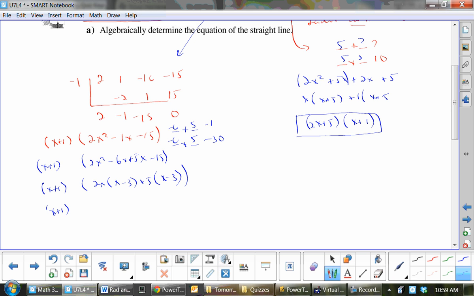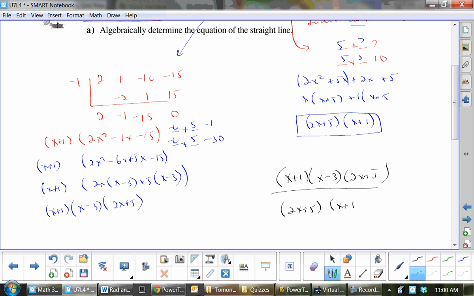Finally, I am done with x plus 1 times x minus 3 times 2x plus 5. Okay, so x plus 1 times x minus 3 times 2x plus 5. Remember, that was the numerator, and the denominator, 2x plus 5 times x plus 1.